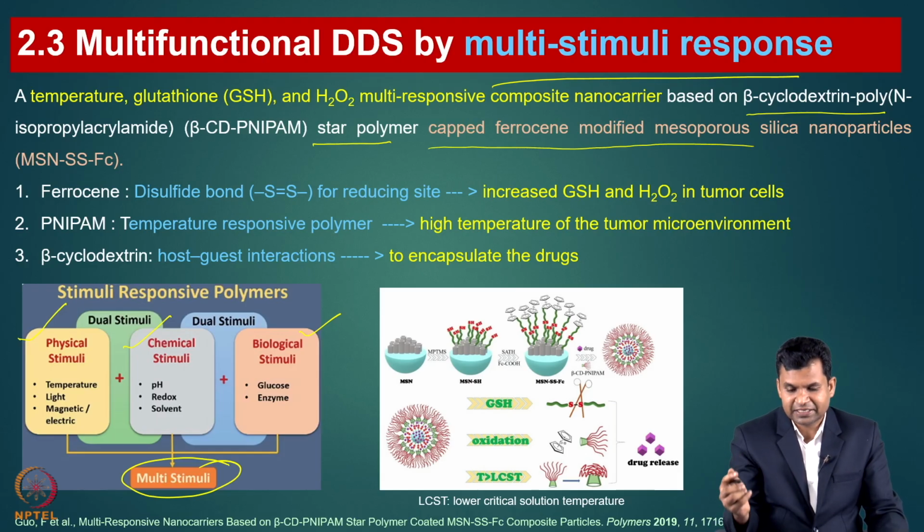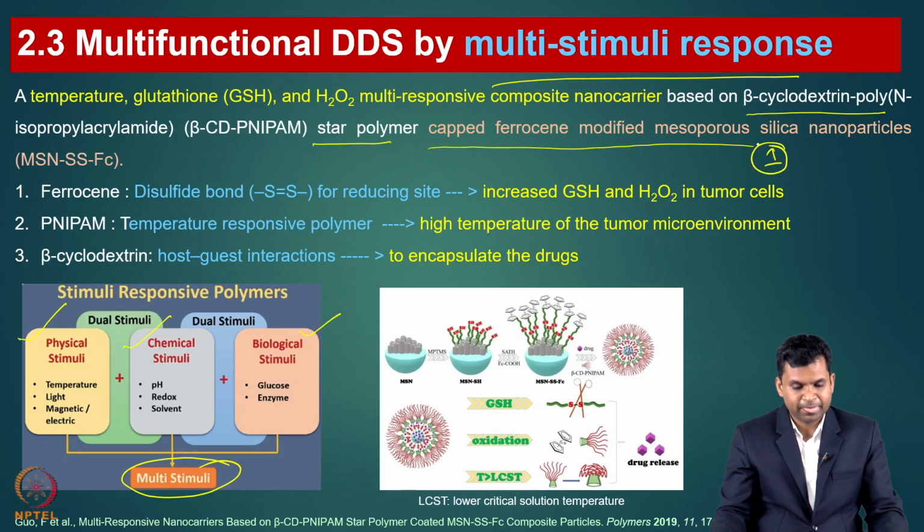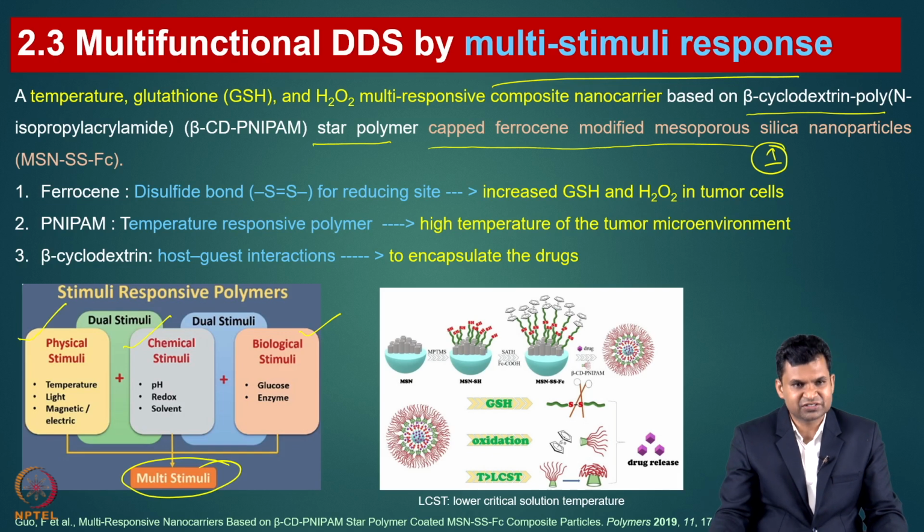First of all, the carrier is mesoporous silica nanoparticles. They are targeting cancers by using the multi-stimuli response. Initially, mesoporous silica nanoparticles are capped with beta cyclodextrin with poly N-isopropyl acrylamide.